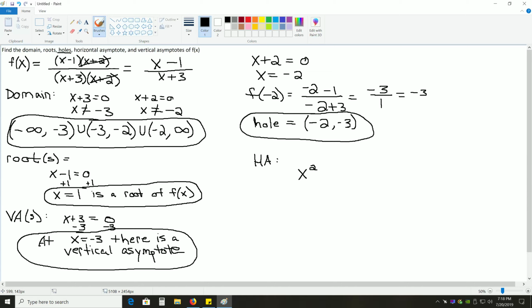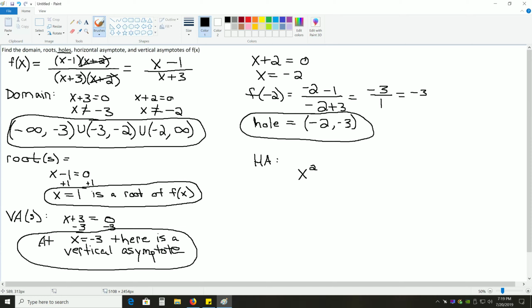The easiest way to check that is take your x with the largest exponent and multiply it to the x in your other factor with the largest exponent. In this case, that's just x times x. But for instance, if you had a 2x squared minus x, you would just look at the 2x squared. Okay, so going back to this, we have x times x gives us a lead term of x squared on the top.